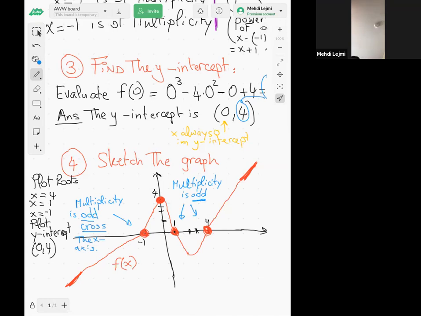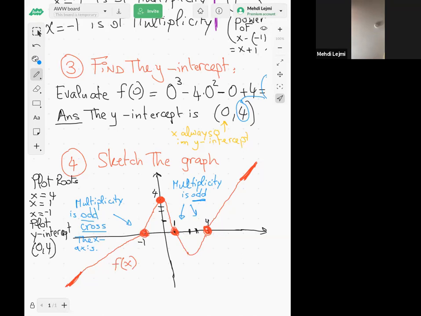Any question, guys? All right, so then we are done with this section 2.3. I guess we can move now to the next section, section 2.4. In section 2.4, guys, we're going to divide polynomials. We're going to see how to divide polynomials, and we're going to use division of polynomials to factor polynomials completely, because sometimes you can find a common factor.